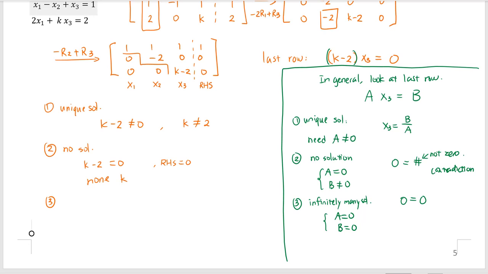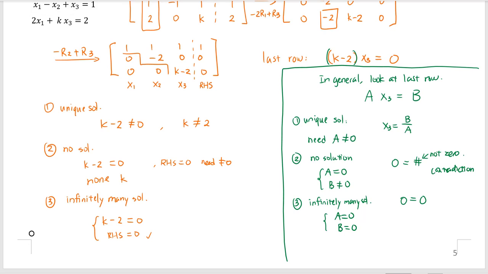So the third one, infinitely many solutions. Well, that is when a, which is k minus 2, is 0, and the right hand side is already 0, so good. The right hand side is 0, which is good. For no solution we needed the right hand side not 0, which is not good.